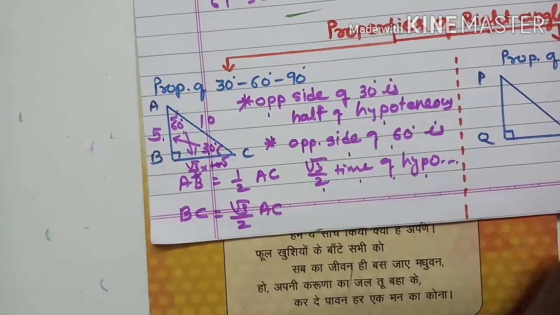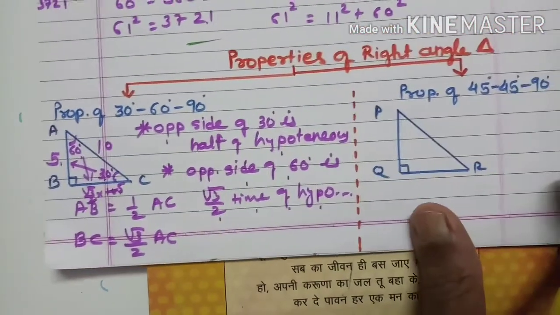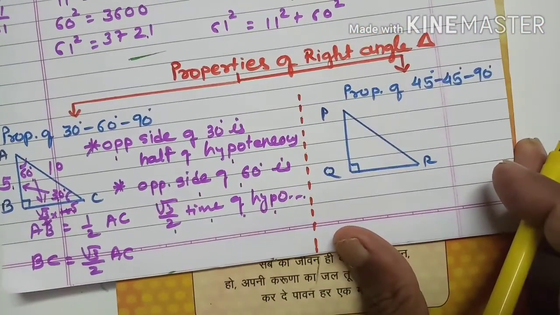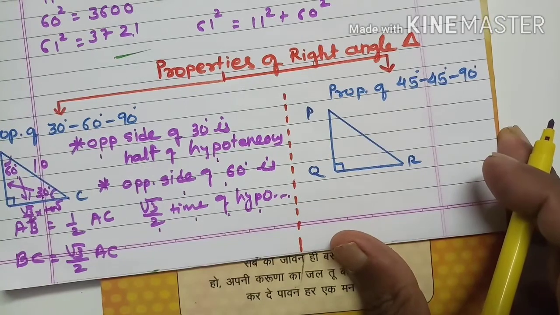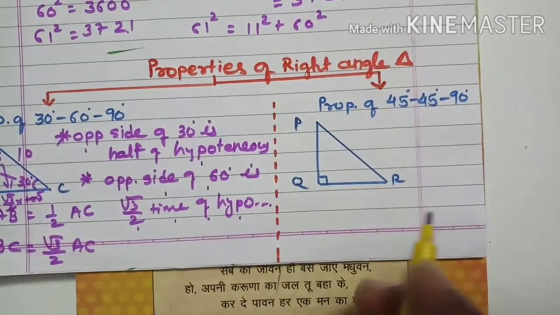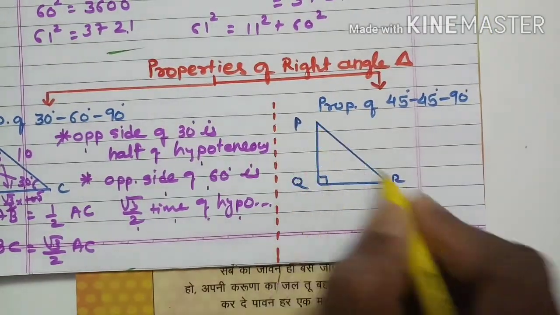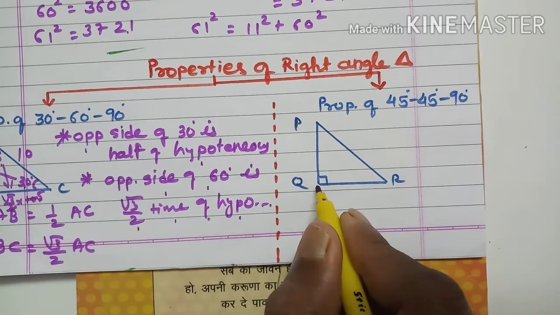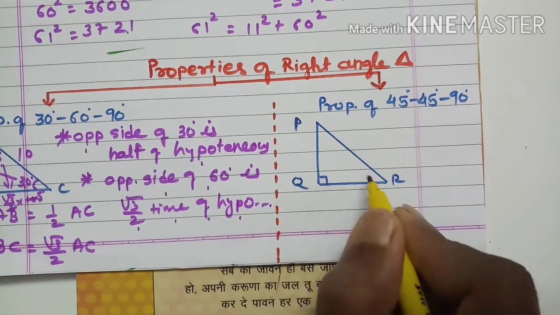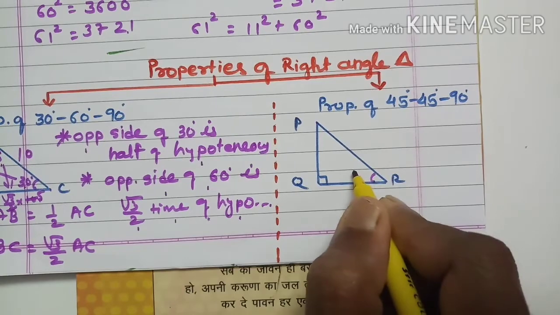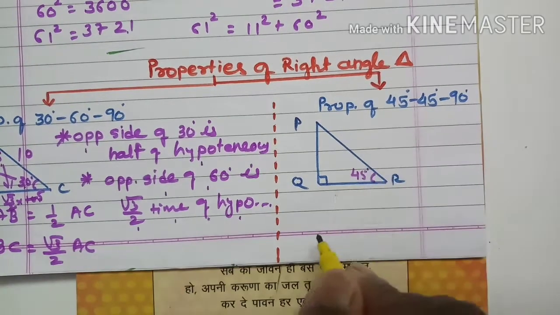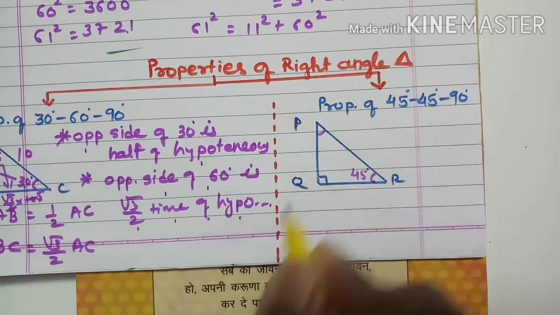Another property is the property of the 45, 45, 90 triangle. In a right angle triangle PQR, angle Q is 90. Let the measure of angle R be 45. Then what will be the measure of angle P?